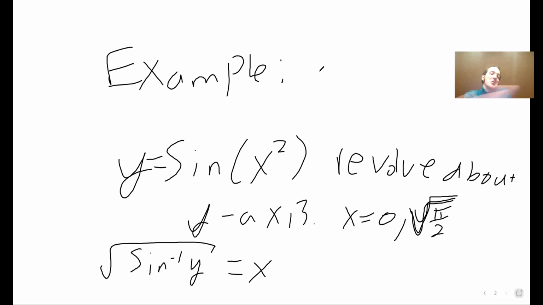Now I am supposed to integrate this thing, and I do not know the integral of the inverse sine of y. In particular, we have not learned that. We aren't there. So this is something I cannot actually do, to find the integral of the inverse sine of this.